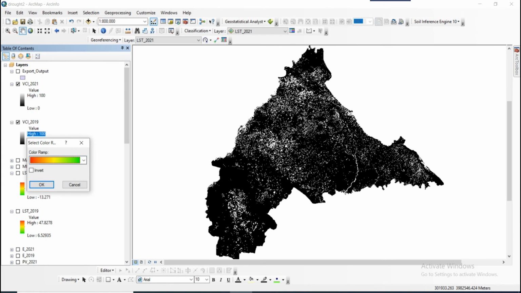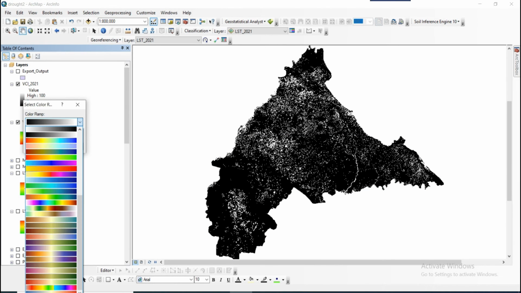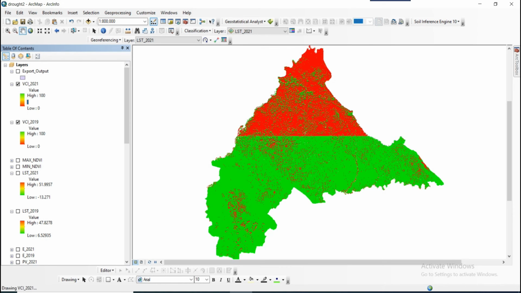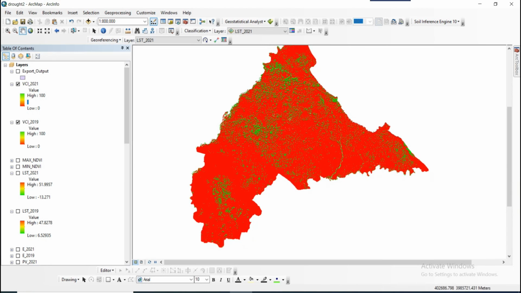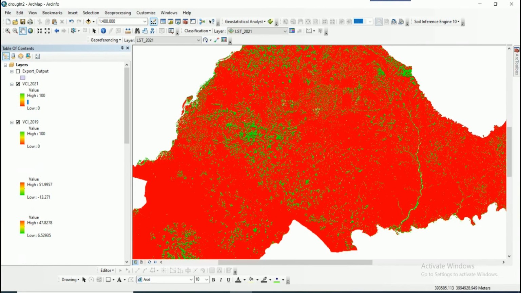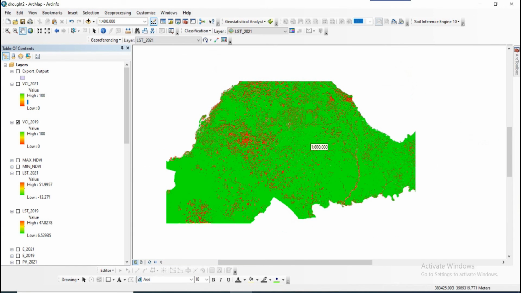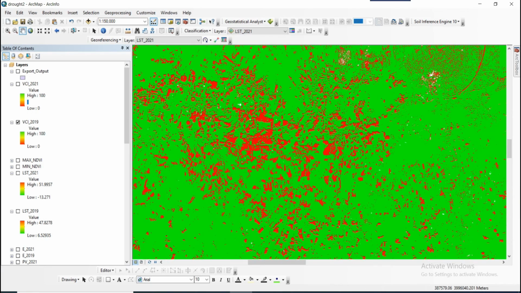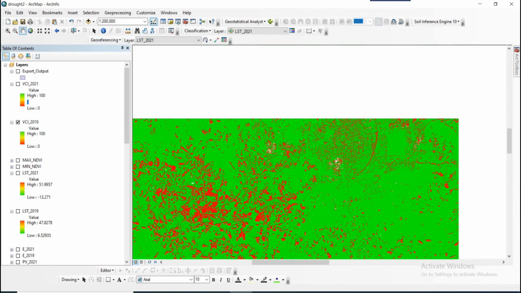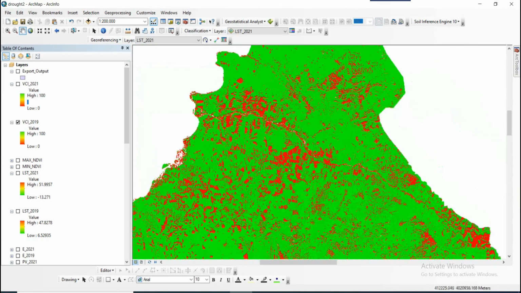Well, as you notice, there are huge differences between these 2 years that show the vegetation condition in the study area.